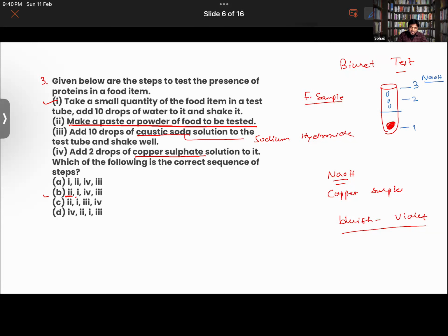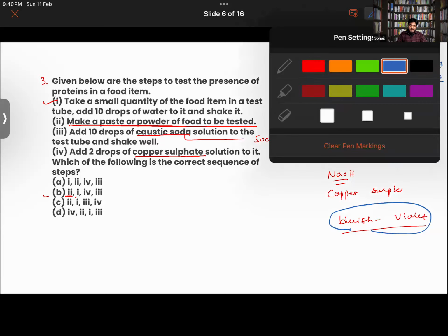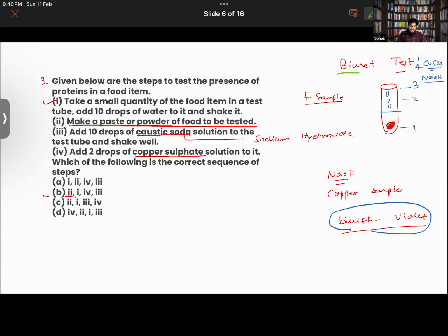In the fourth step, you will be adding copper sulfate, CuSO4. At the last stage, you will observe the color changes to bluish violet. And this test in chemistry is called the Biuret test. Now, the name is not that important, but the process you should remember.